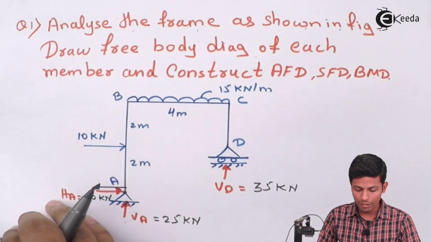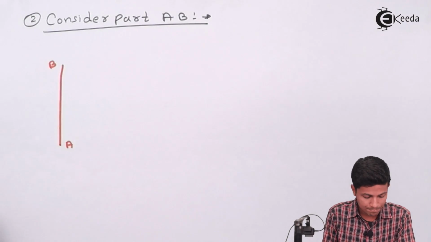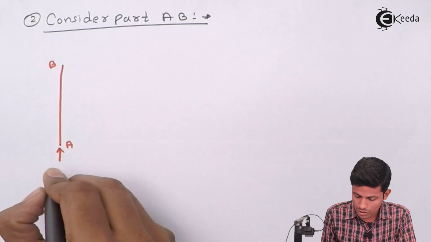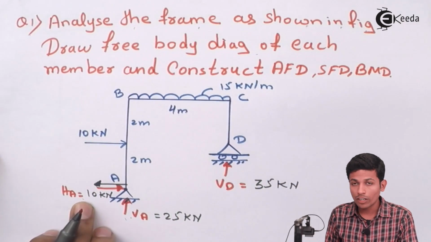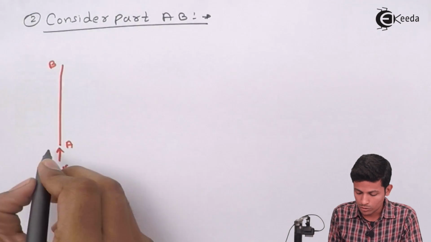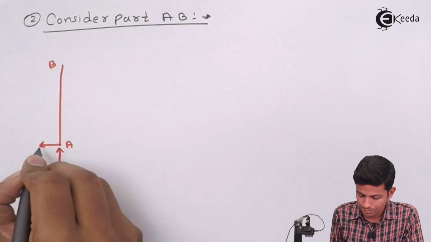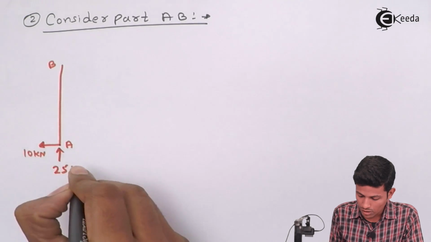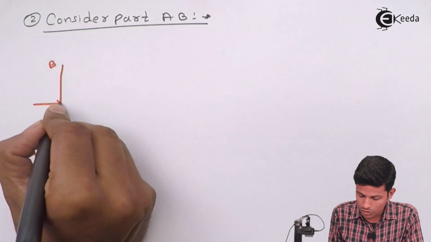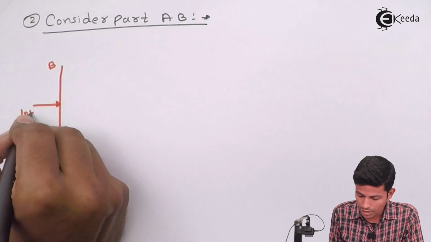This VA will be 25, so put it here, this one is 25 kilonewton, and this is your 10 kilonewton which is here, so this one is 10 kilonewton. Now this one is also given as 10 kilonewton.